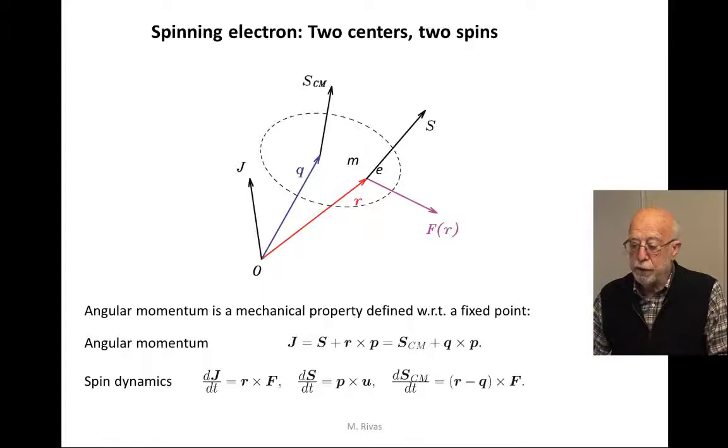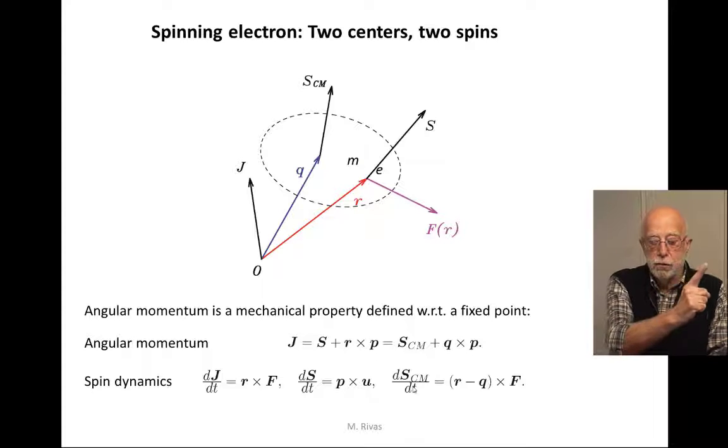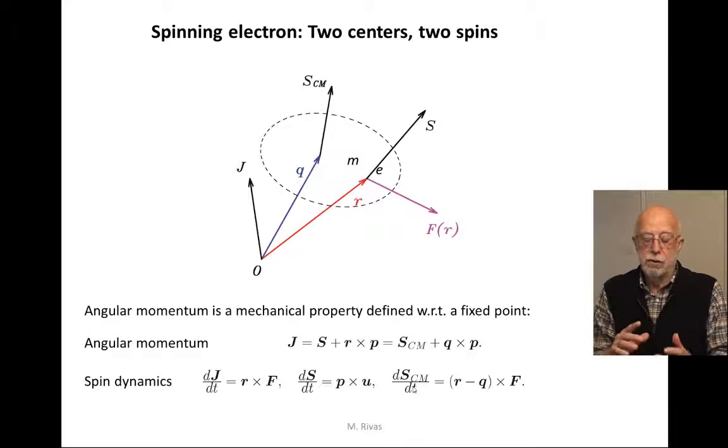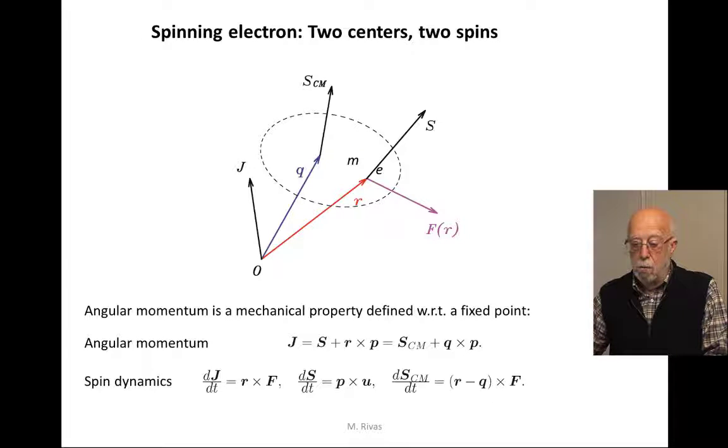But if the electron is free, F is 0, this is 0, and this is 0, so J and S CM are conserved. For a free electron, the center of mass spin is a constant vector. It is pointing in the same direction. It's not modified through this free motion. But the center of charge spin satisfies this equation.